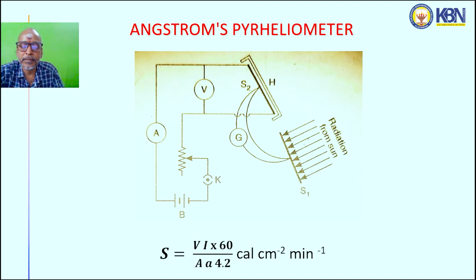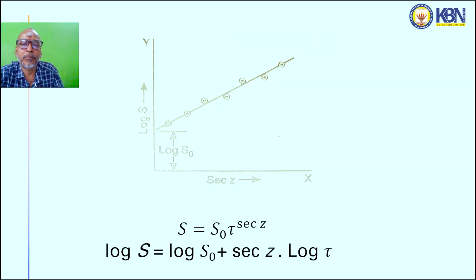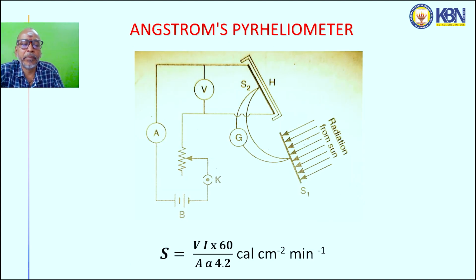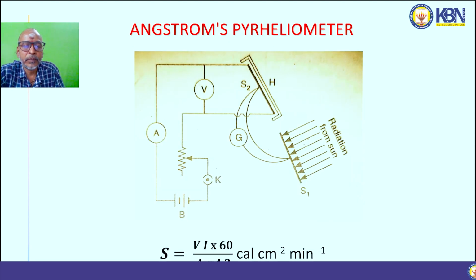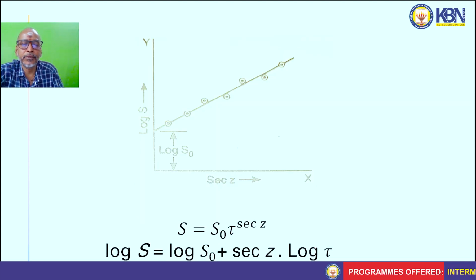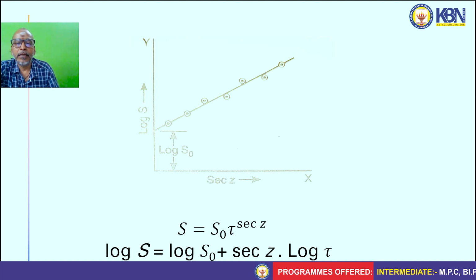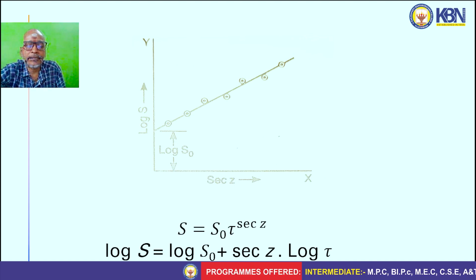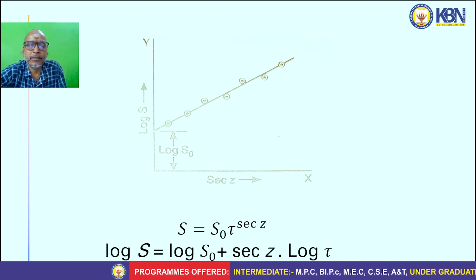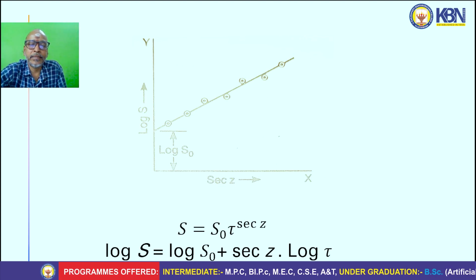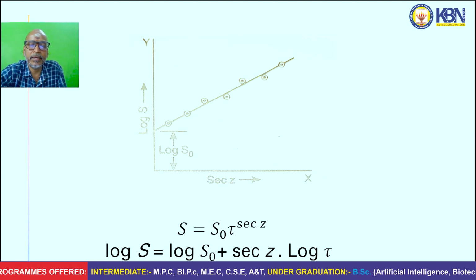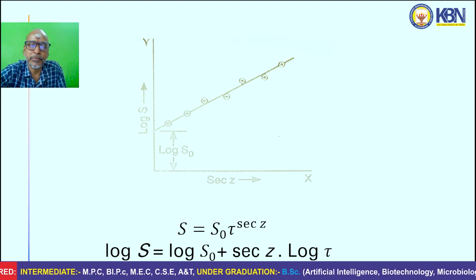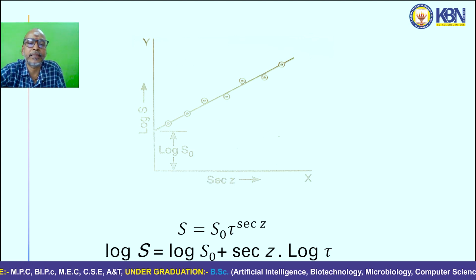So the solar constant is calculated using this formula, and here S is the practically observed solar constant, but the true solar constant is denoted by S naught. The true solar constant S naught and the practical solar constant S are related by the equation S = S0 τ^(sec Z), where τ is the transmission coefficient and Z is the zenith distance.